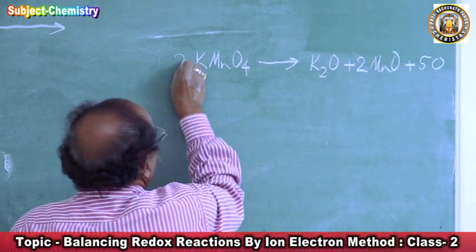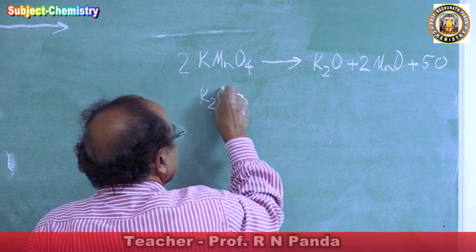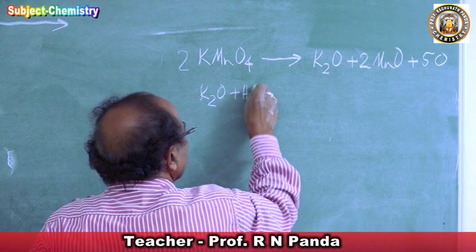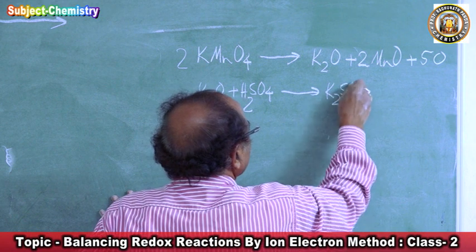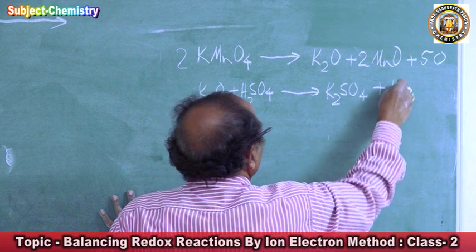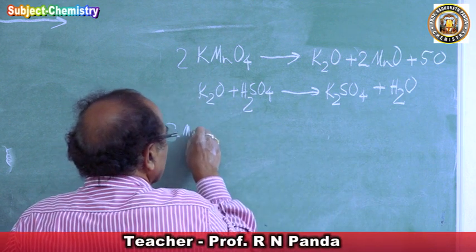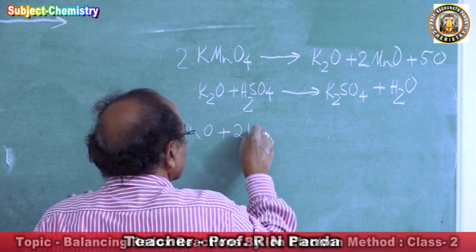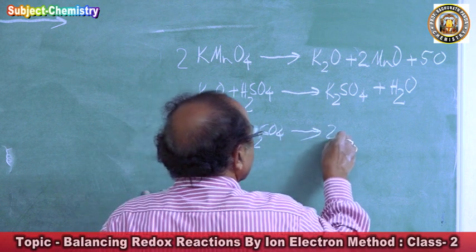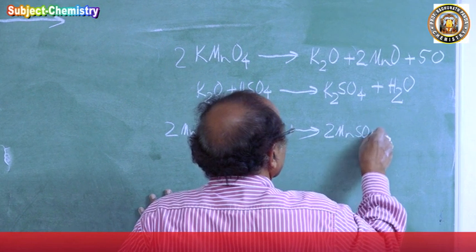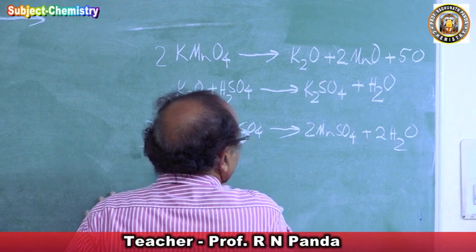Then K2O reacts with sulfuric acid to form K2SO4 plus water. Then 2MnO plus 2H2SO4 forms 2MnSO4 plus 2 water.